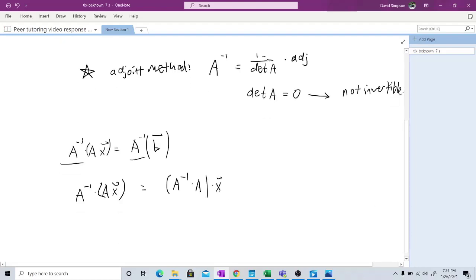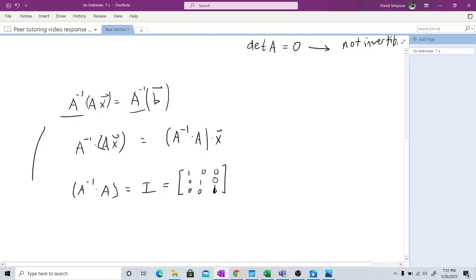And you may even be able to see where this is going, because there's also another rule in linear algebra that says A negative 1 times A is equal to I, which is the identity matrix, which is 1, 0, 0, 0, 1, 0, 0, 0, 1. And so all of this together, here's what we get.